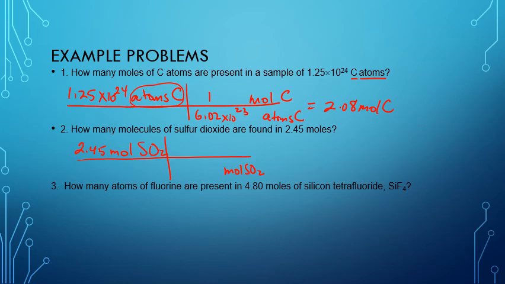Remember, for me, you can abbreviate the molecules as MC, so you don't have to constantly write it out. So I'd have 6.02 times 10 to the 23rd molecules for 1 mole. And now I can simply multiply 2.45 times 6.02 times 10 to the 23rd, and I end up with 1.47 times 10 to the 24th molecules of SO2.